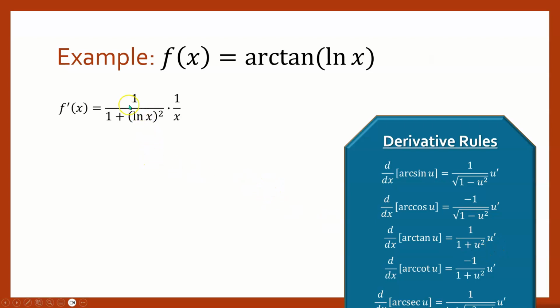Here that would be 1 over 1 plus the natural log of x squared times the derivative of the natural log of x. And remember, that would just be 1 over x. So that's what we got for our derivative. You can leave it like that or multiply it together and get 1 on top over, multiplying through by x, x plus x times ln squared of x, the natural log of x, the quantity squared.